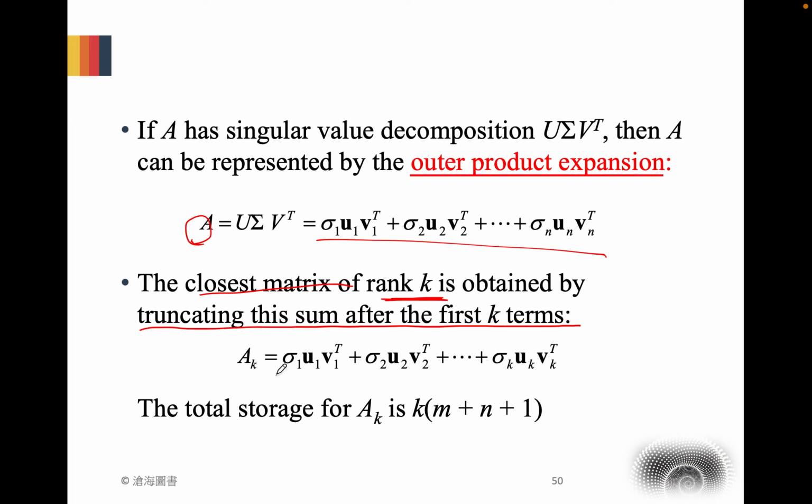Okay, so we just pick the first K largest singular values. Okay, so in this way we can reconstruct the matrix A based on this. We can approximate the matrix A by A_K.